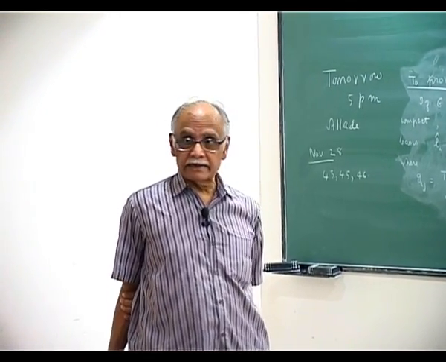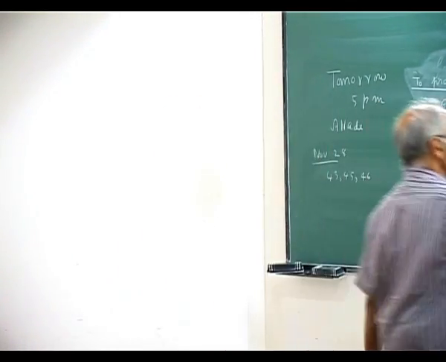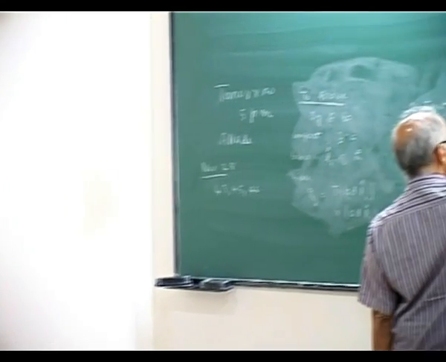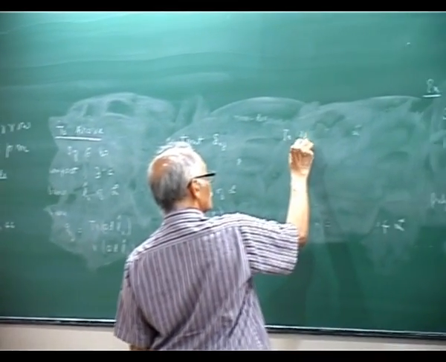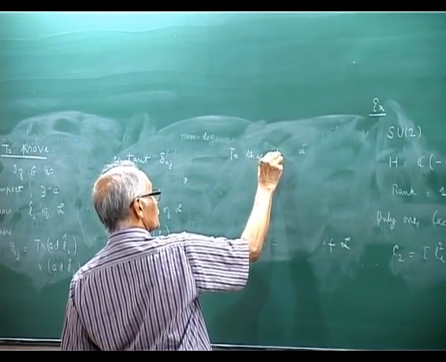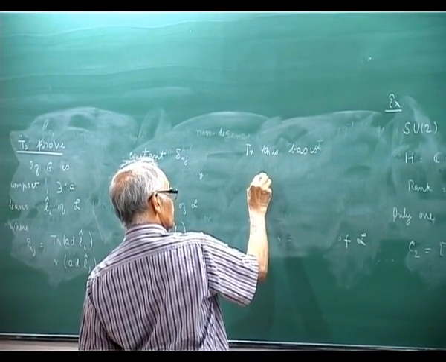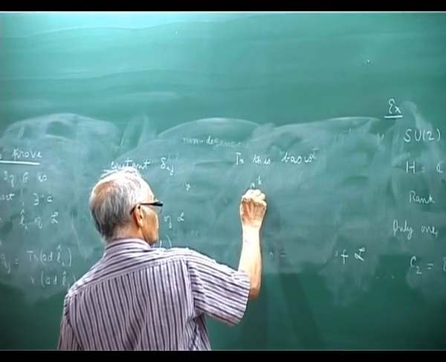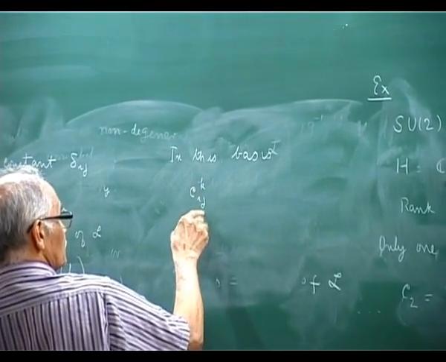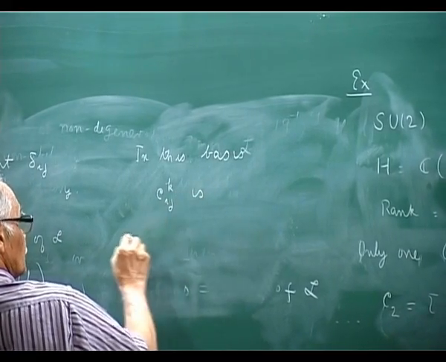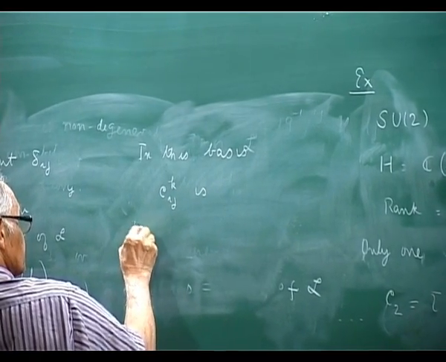Okay. So in this basis, this object C_kij is totally antisymmetric.